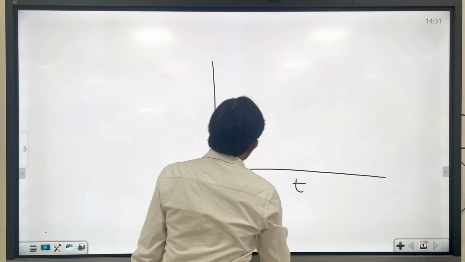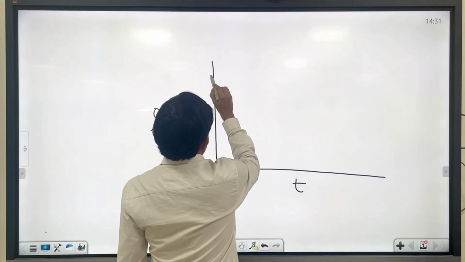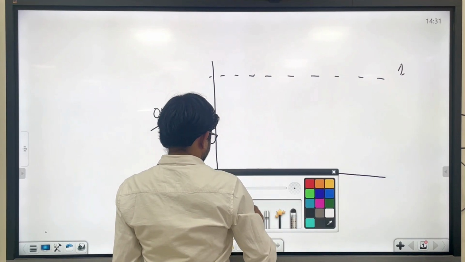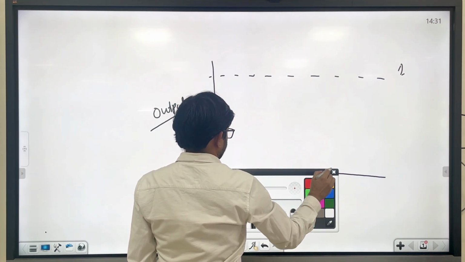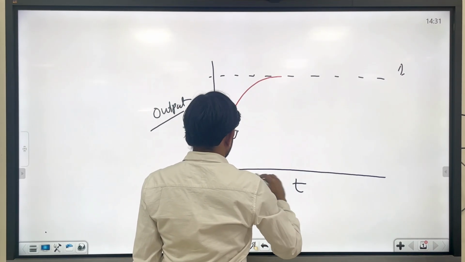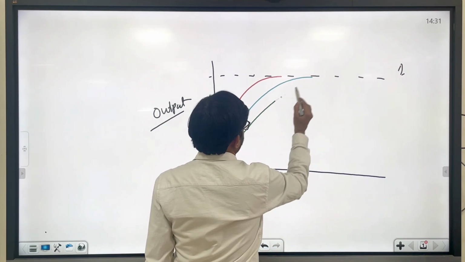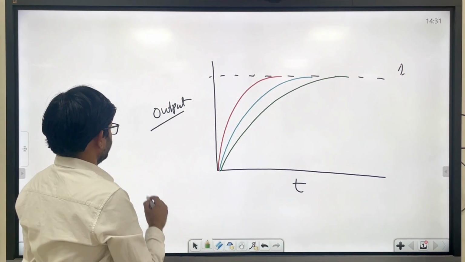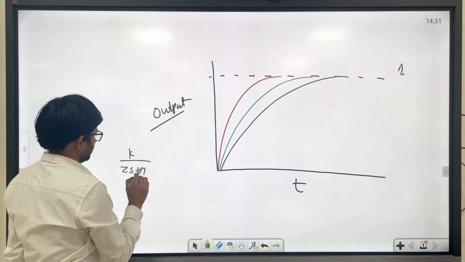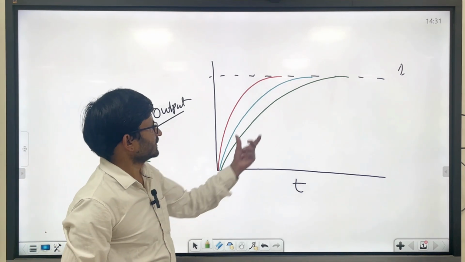This is time and this is the output, and this let's say is 1, and you have this response and this response, and the modeling transfer function is, let's say, K divided by tau s plus 1, where let's say K equal to 1 you have considered, and tau decides the response.